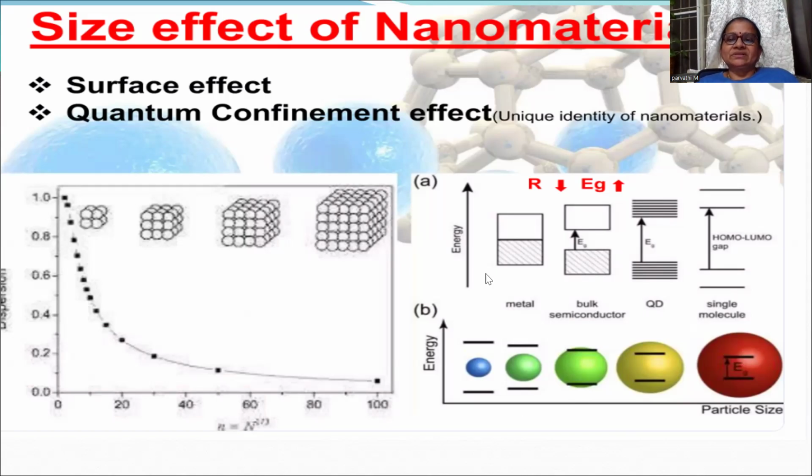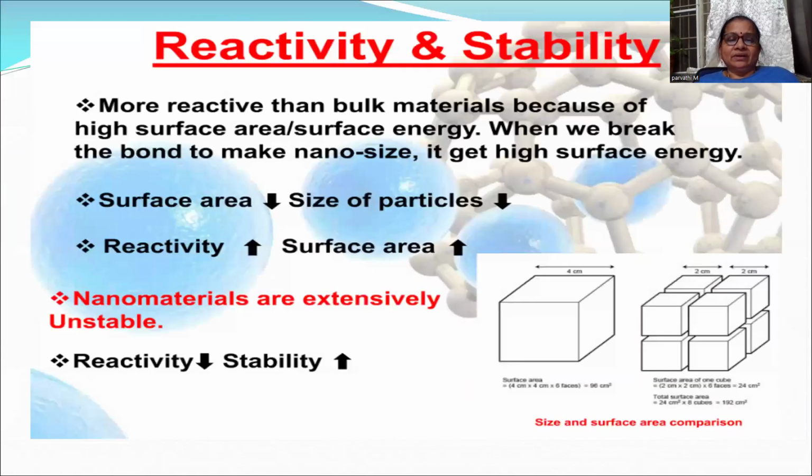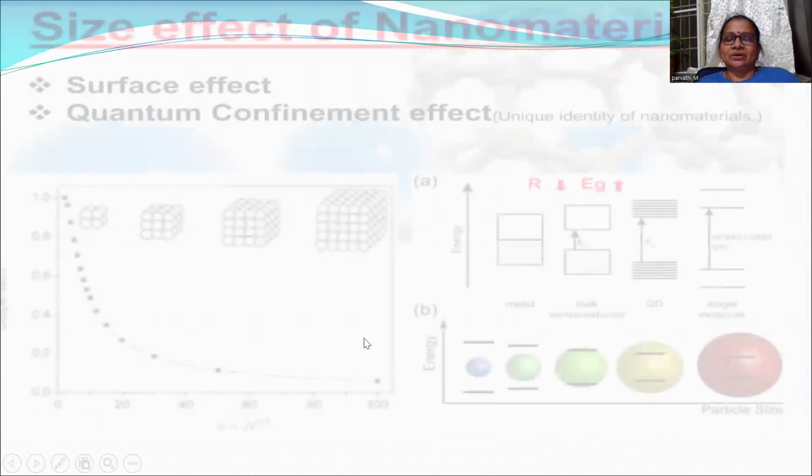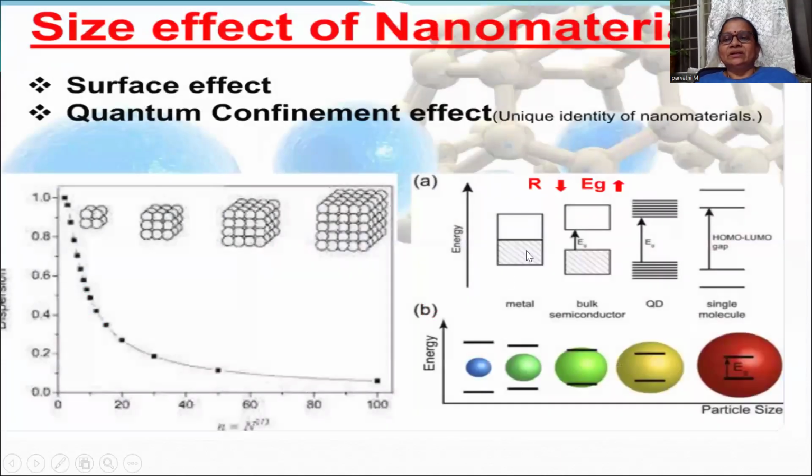That is what in the previous slide we have seen: reactivity is less when the stability is more, those two are in contrast. So reactivity is less if the energy is high, or if energy is less, reactivity is high. Like that, it is shown for different materials like metal, bulk semiconductor, and semiconductor single molecule, in the reactivity and energy graph here.